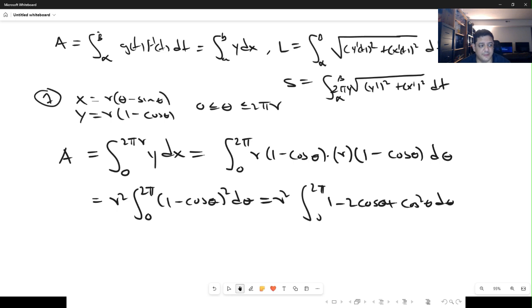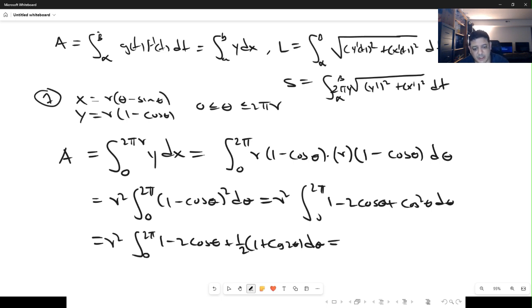For the most part, this is an easy integration, except for maybe the cosine squared of theta, which needs to be transformed, and so we're going to do just that. This is r squared, from 0 to 2 pi, of 1 minus 2 cosine of theta plus 1/2 of (1 plus cosine of 2 theta).